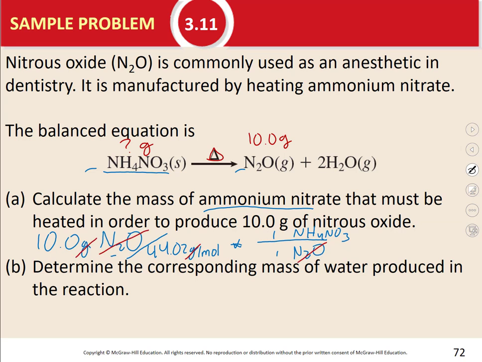So that will leave us with moles of N2O canceling, and I have ammonium nitrate, but I'm in what units of ammonium nitrate? Moles. I want what? Grams. I want mass. So my last step is going to be to do what with this ammonium nitrate? Multiply by the molar mass. So to find the molar mass of ammonium nitrate, we take 1 nitrogen at 14.01 plus 4 hydrogens at 1.008 plus 1 more nitrogen at 14.01 and 3 oxygens at 16 apiece.